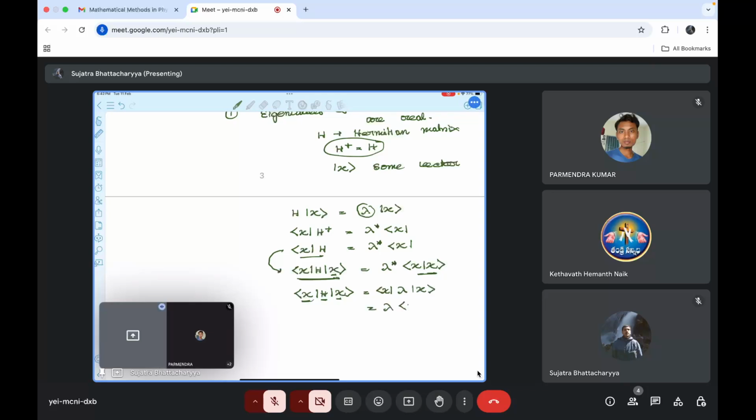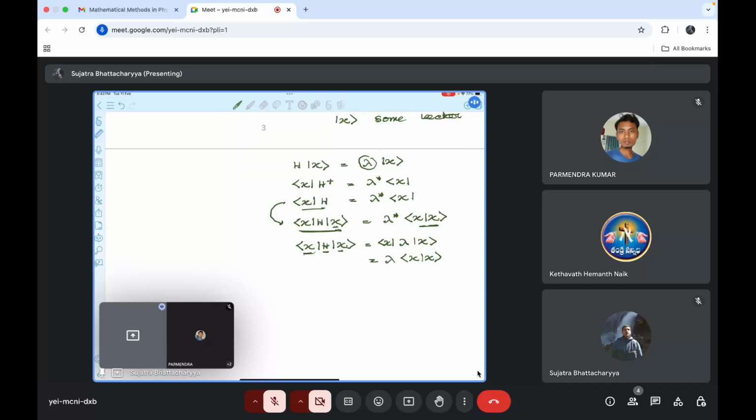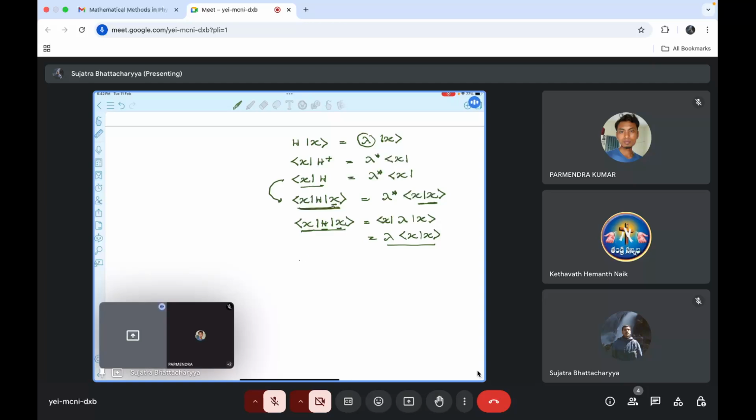So you get lambda times the inner product of X with X. Therefore, lambda star X inner product with X is equal to lambda X inner product with X. Now bring this over: lambda star minus lambda times X, X should be equal to 0.